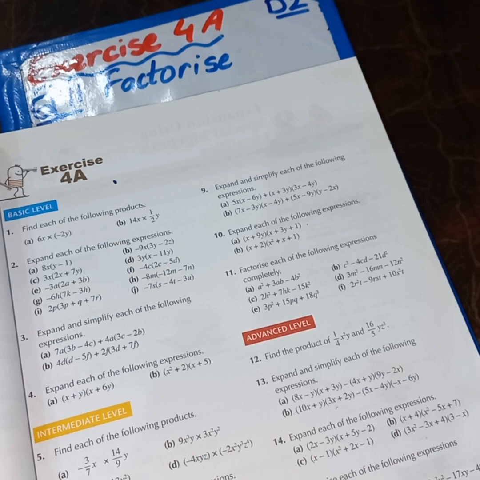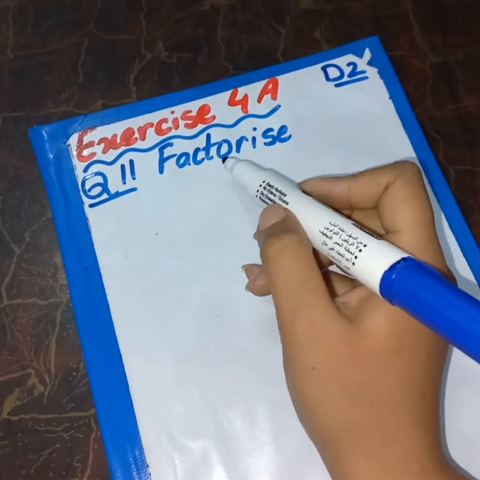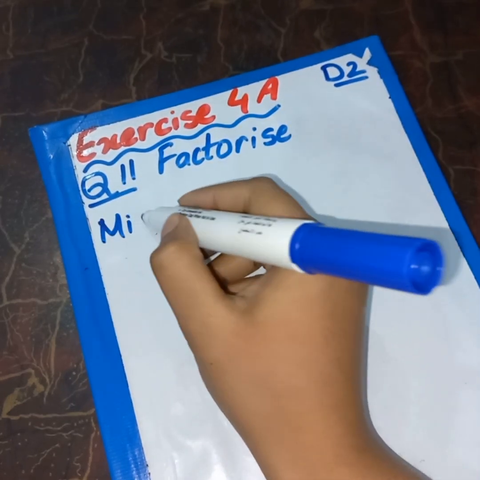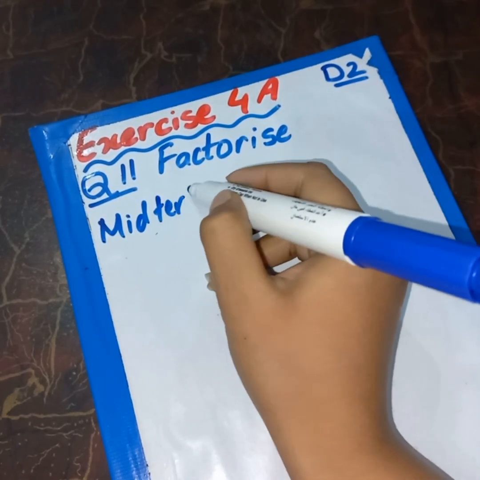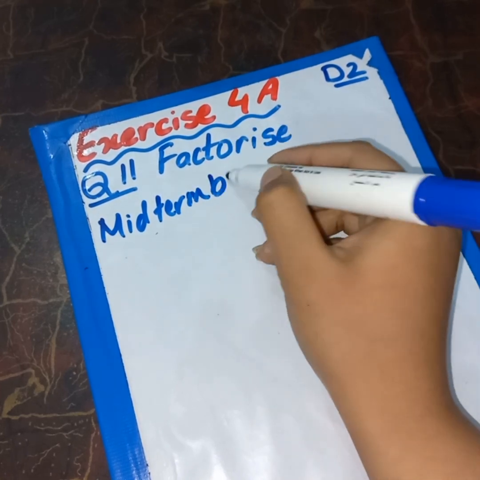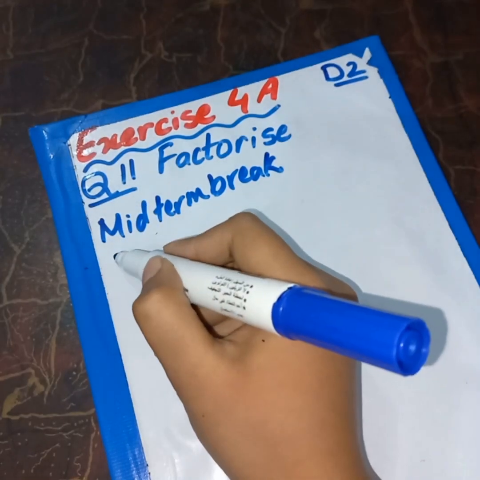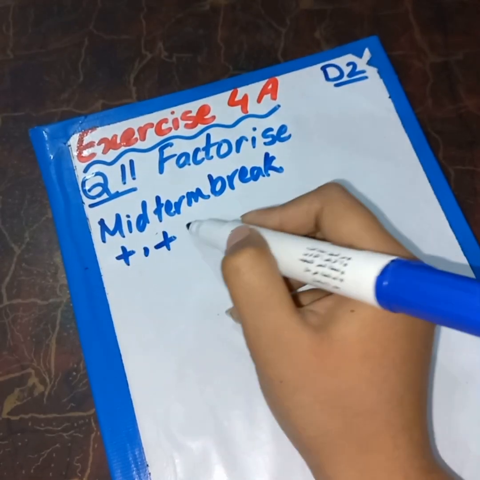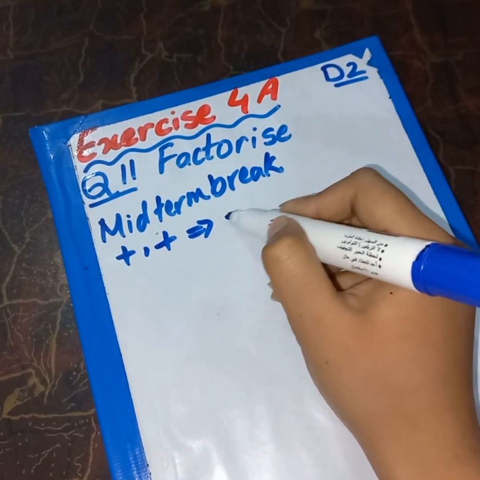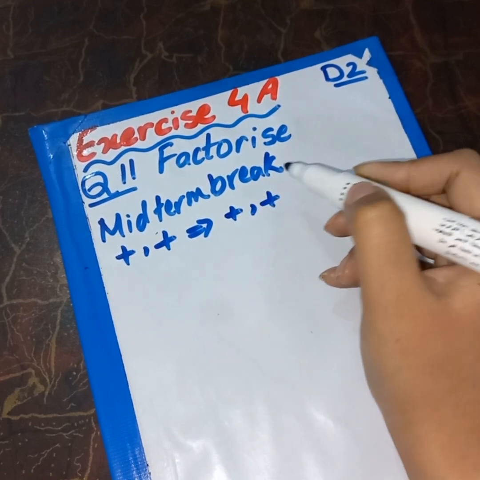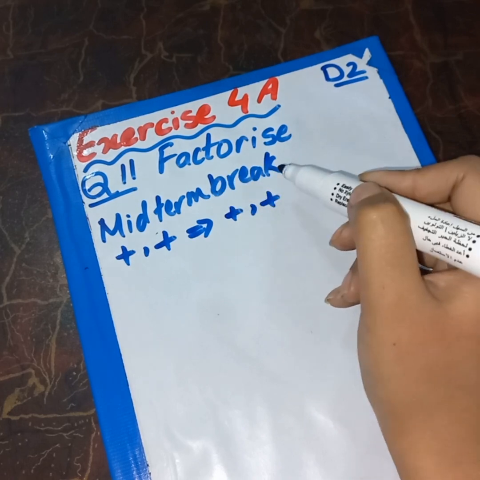So let's start. When we are talking about factorization of a quadratic expression, we need to do mid-term breaking of the given expression. Like I told you, whenever the question has plus plus, we need to use plus plus with the pair that we will choose to break the mid-term.